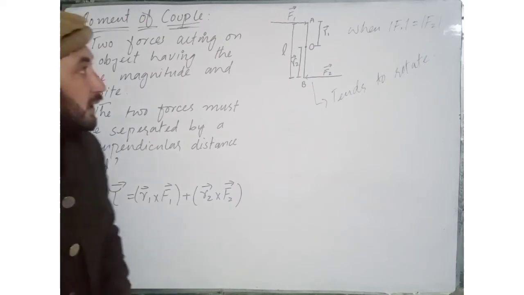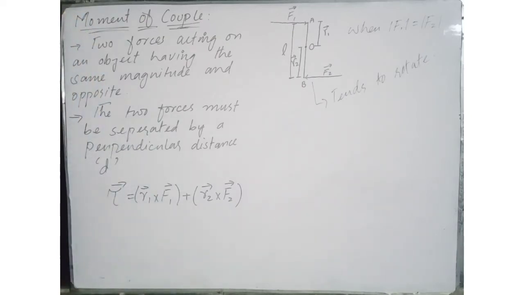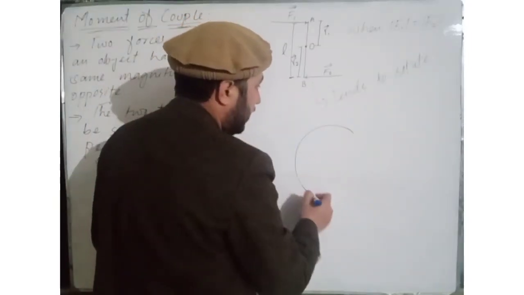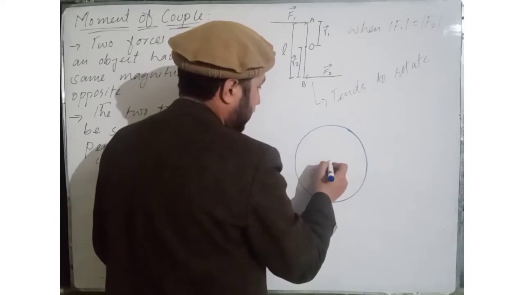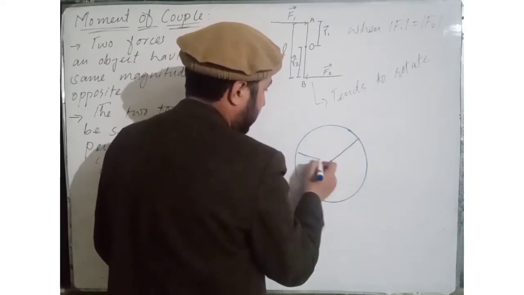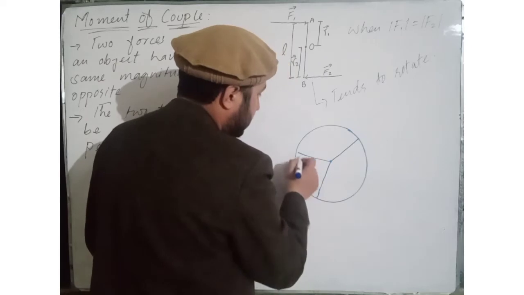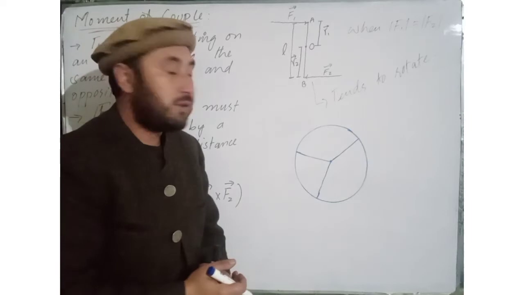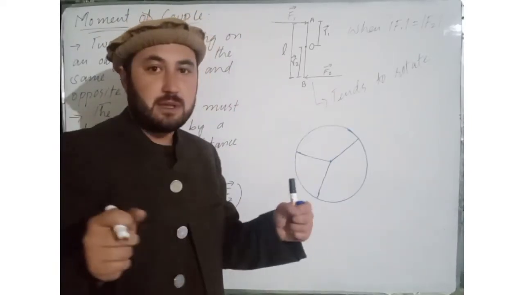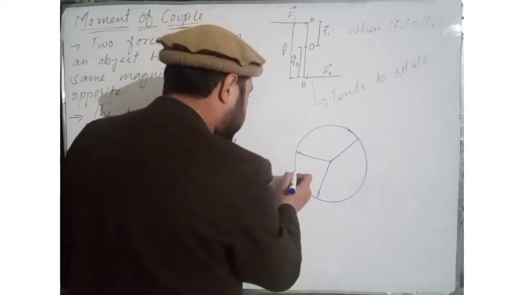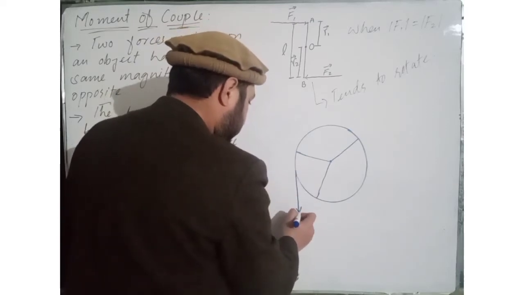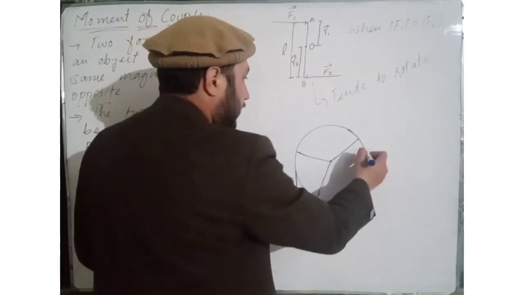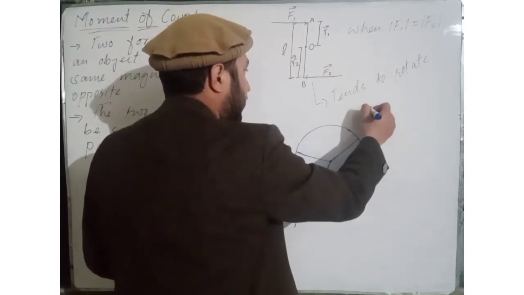We can take many examples, like the steering wheel of a car. I hope the steering looks like this, right? If a driver is going to take a turn, he uses both of his hands. One hand applies a force in this direction, and the other hand tries to turn the wheel in that direction.